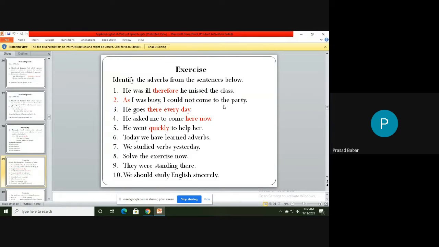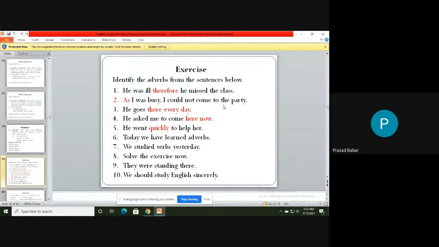If we ask the question to the verb, where does he go, then it will answer there, and that is why there is the adverb of place, and every day is also the adverb, and every day is the adverb of time, because it is indicating about the time.